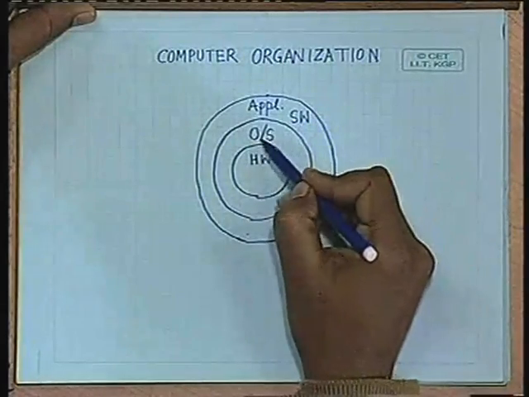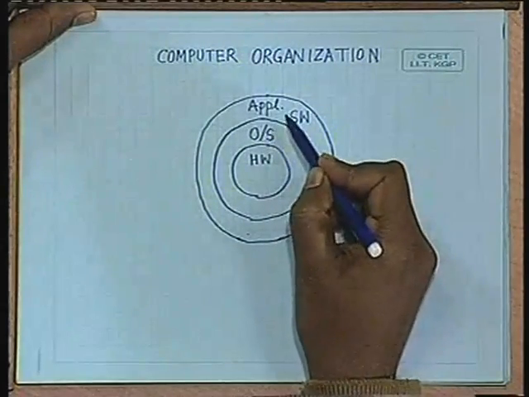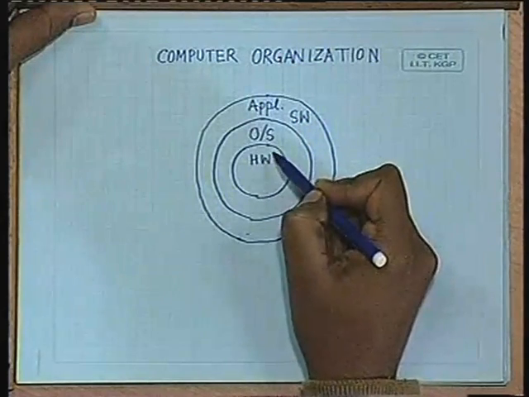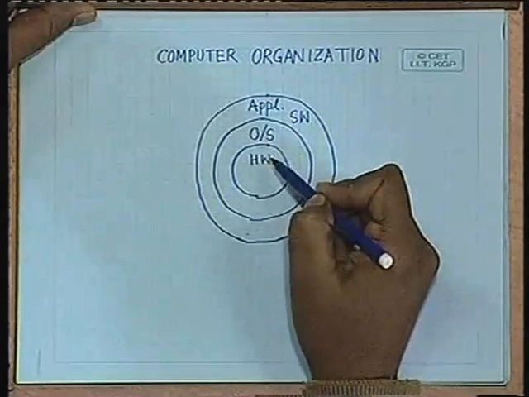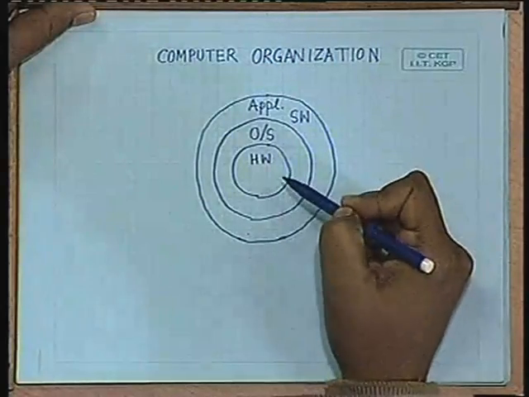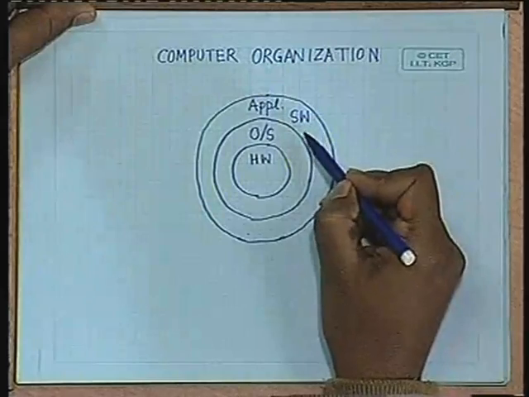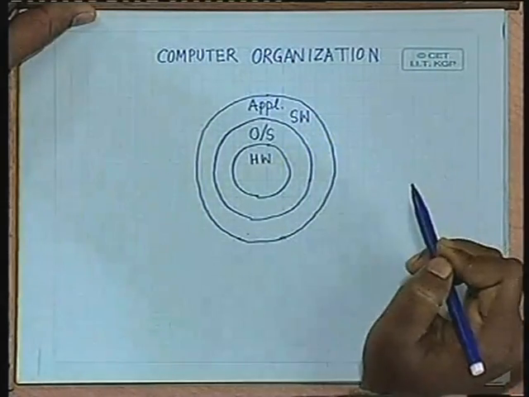The basic job of the operating system is to manage the hardware resources, so that the same hardware resource can be used by one or more application level softwares at the same time.